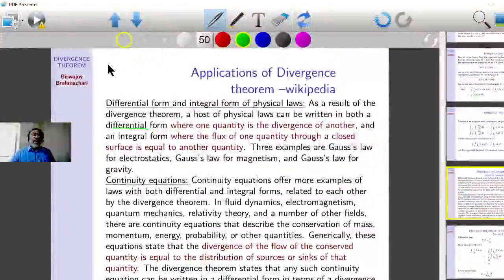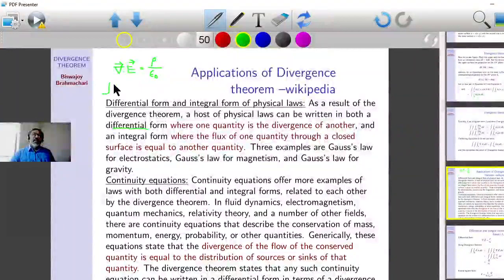For example, divergence of E, Maxwell's equation. First of the four Maxwell's equations, divergence of E equal to rho by epsilon naught. One quantity is the divergence of another. And in the integral form, the flux of one quantity through a closed surface is equal to another quantity.